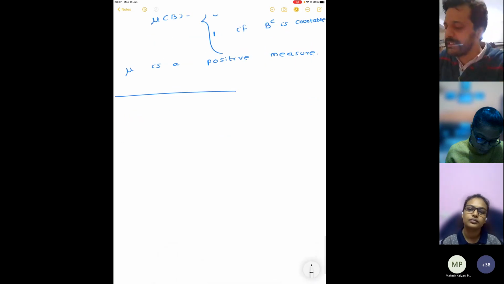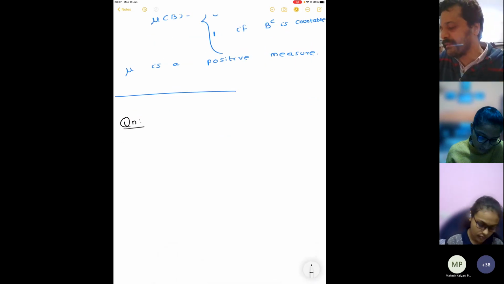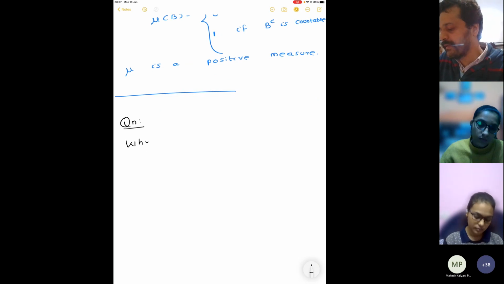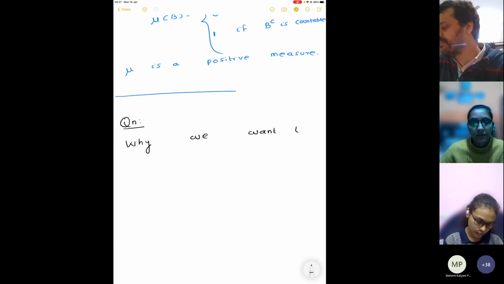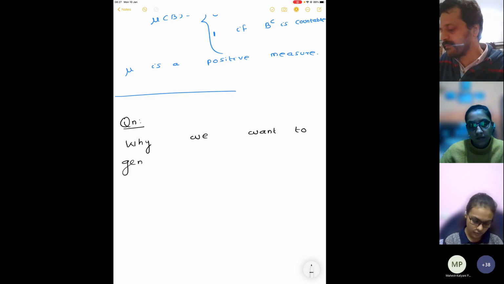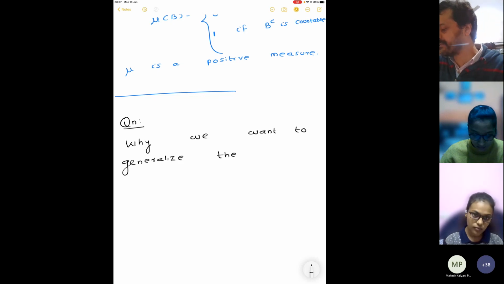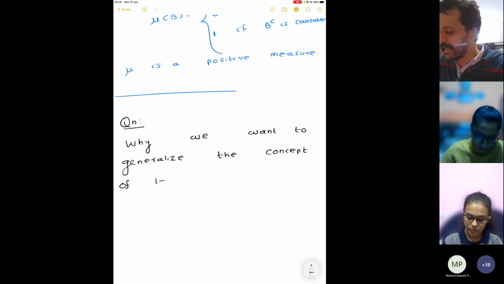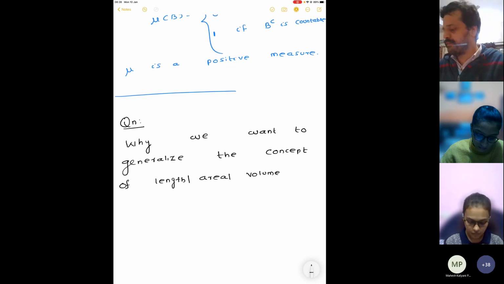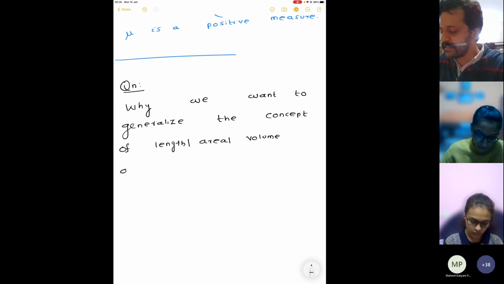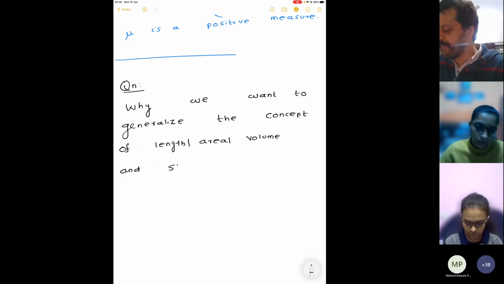Okay. So the question that I want to answer now is why we want to generalize the concept of length, area, volume, etc. and study measure.